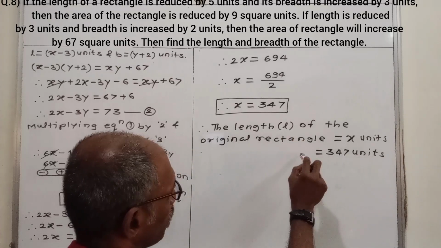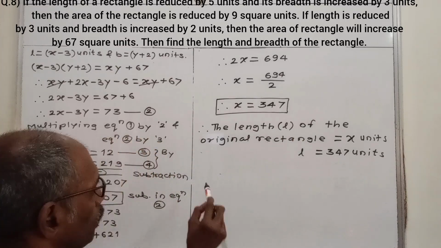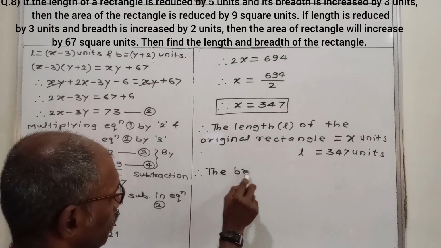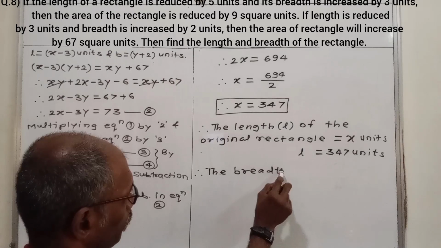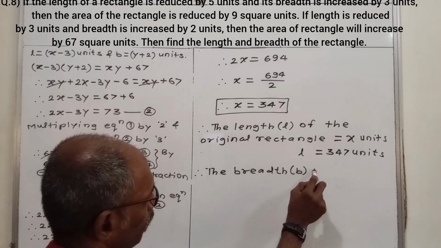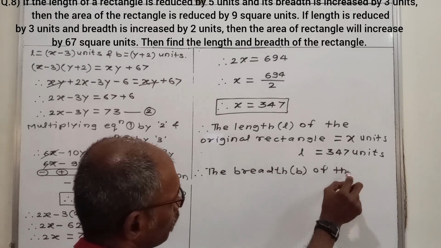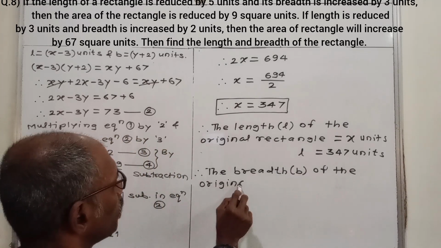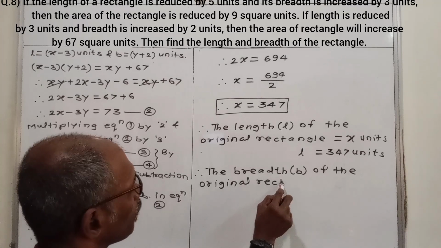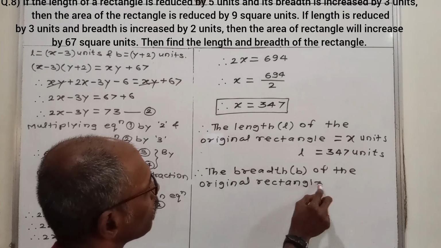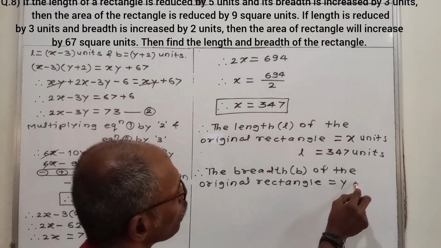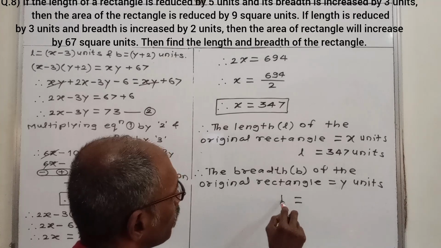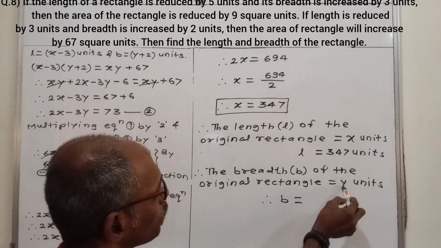This is the length. I will write here L. Okay. Therefore, the breadth of the original rectangle is equal to y units. Therefore, B is equal to, what is the value of y?